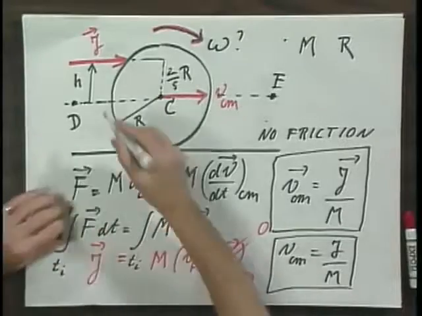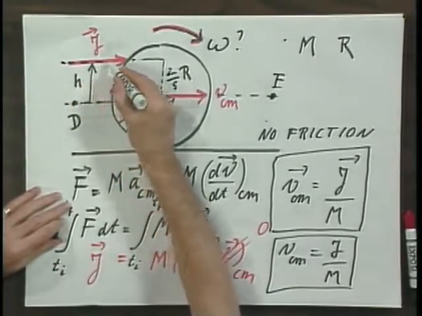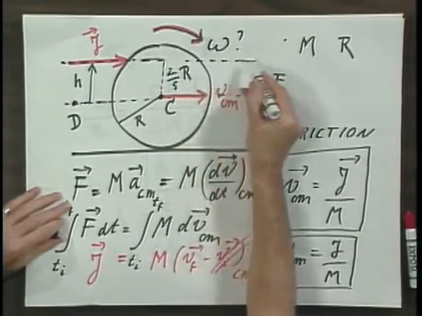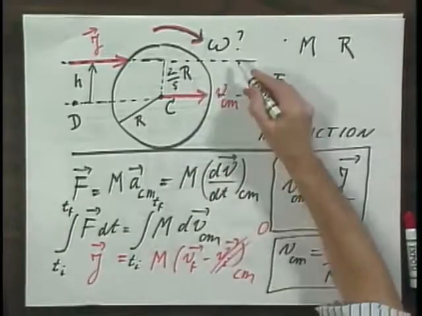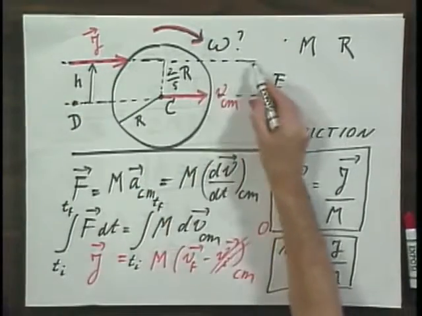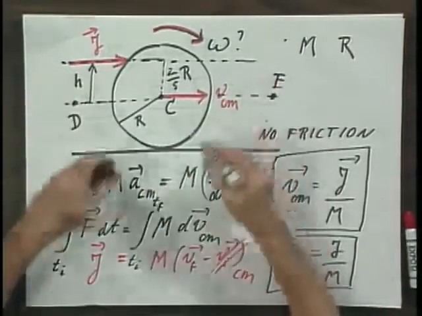I could have chosen a point anywhere on this line. The remarkable thing is, if I had chosen any point P on this line, the total angular momentum, which before the impulse is 0, will also be 0 after the impulse.